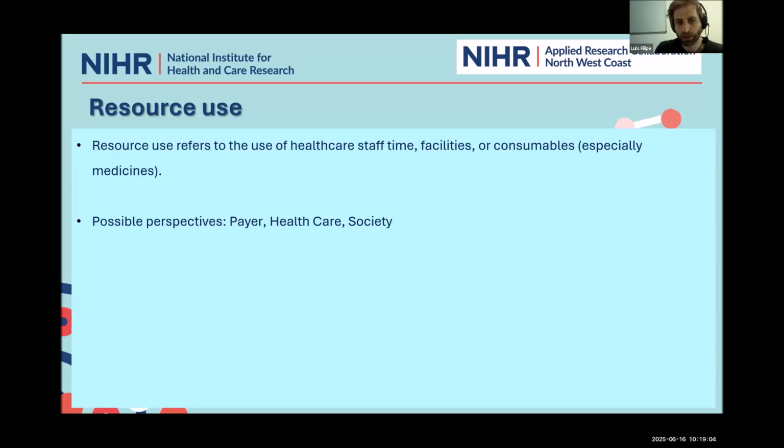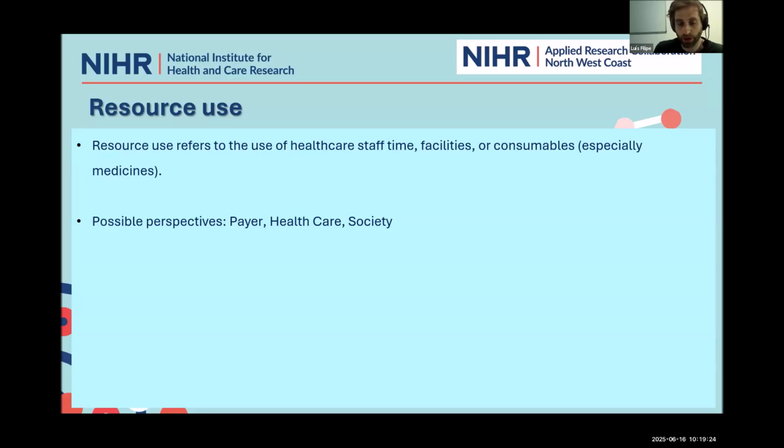But now, what would be the difference if you consider the healthcare service? So, for instance, the NHS. Well, sometimes it's probably going to be very similar, but in the NHS you would care about the costs of those resources.